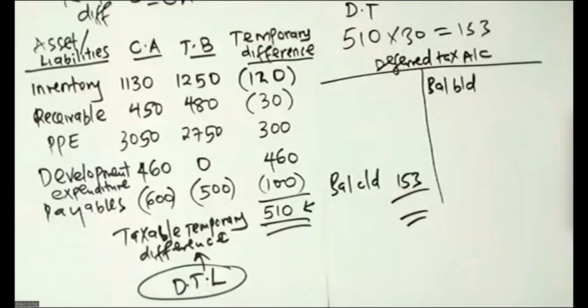I wanted to show you how they marked this question, so let's finish first. The balance brought down is 272, and that is given in the question.